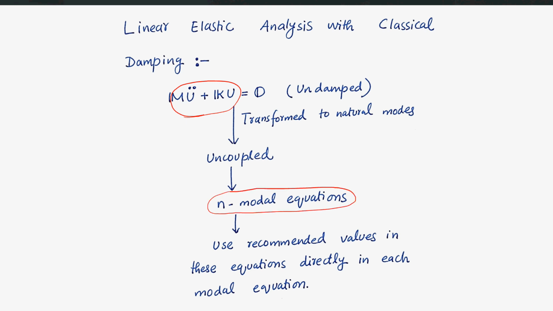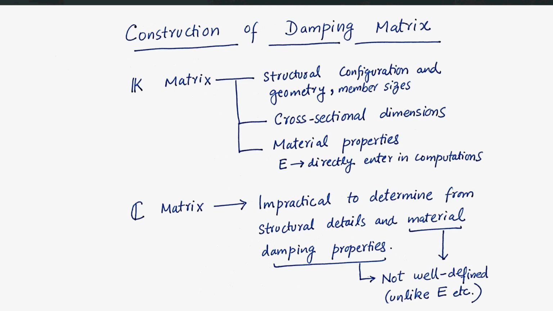Then we use recommended values of damping ratios for all the significant modes of vibration. We use that damping value directly in the modal equations, and we solve them for different cases and we get the response. But this is okay for linear elastic analysis with classical damping.